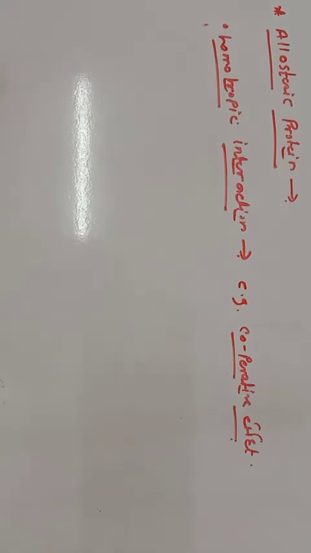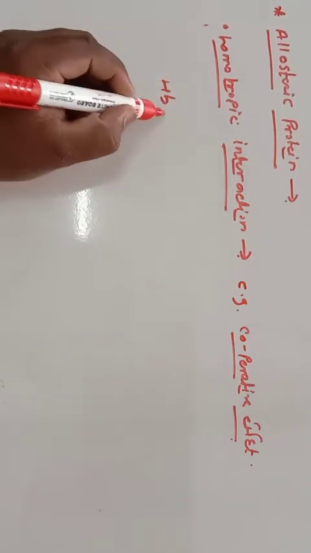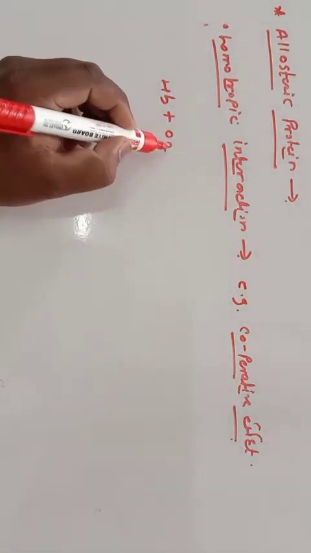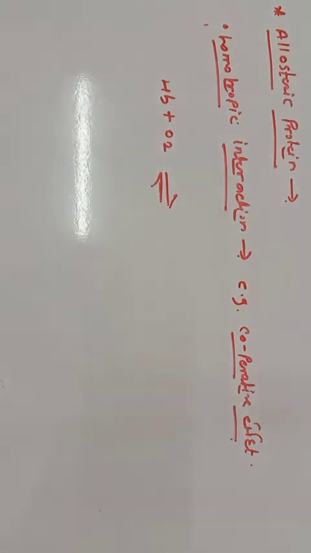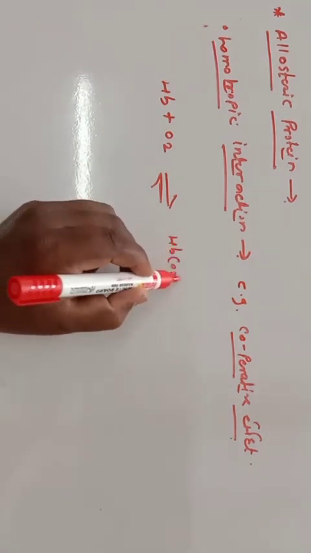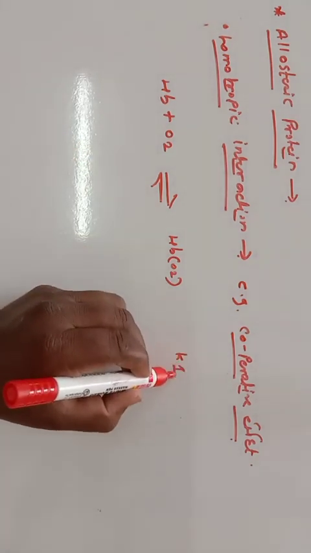For example, consider hemoglobin, which is a tetramer. When one oxygen reversibly binds to the hemoglobin, Hb, there is a formation of oxyhemoglobin, HbO2. Let us consider the rate constant for this reaction is K1.